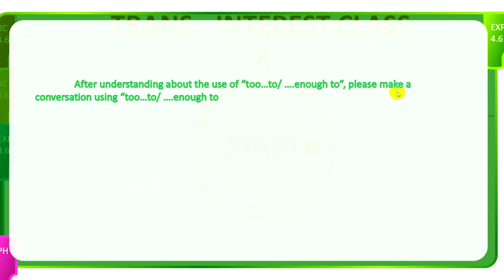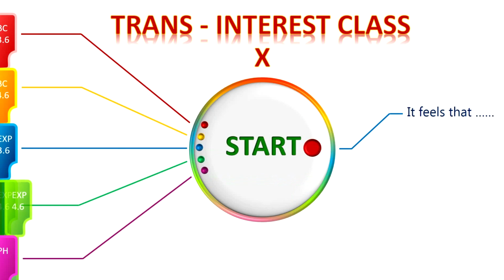I need you to make a conversation using too... to and ... enough to. So this is the task for 4.6 or psychomotor skill. You make a conversation by your handwriting, and then you capture it and send it to the assessment box.